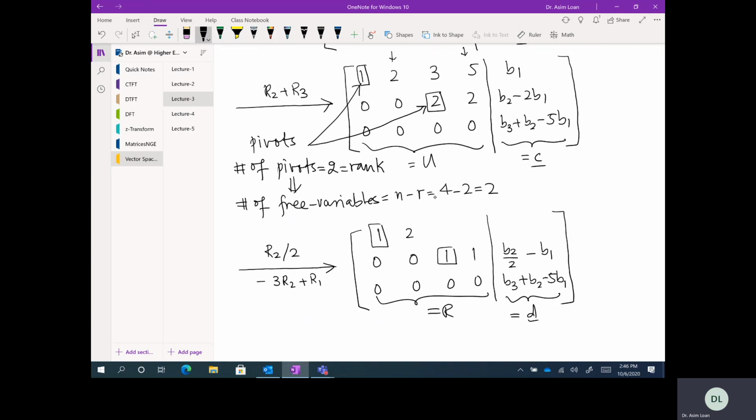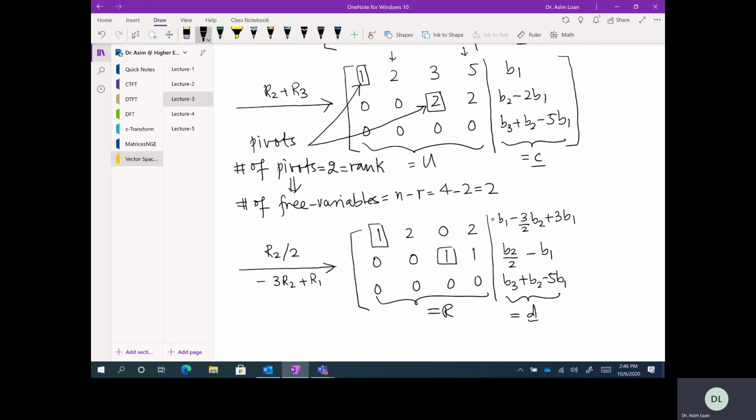Okay, so minus 3 plus 3 is 0. Minus 3 plus 5 is 2, and then I have b1, this is minus 3 b2 by 2. So I have b1 minus 3 by 2 b2 plus 3 b1, which is equal to 4 b1 actually.